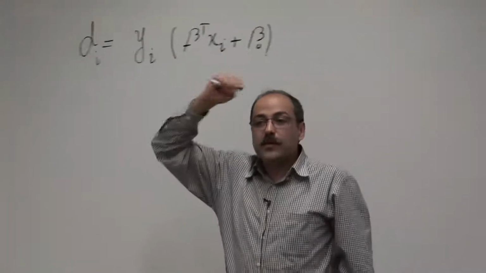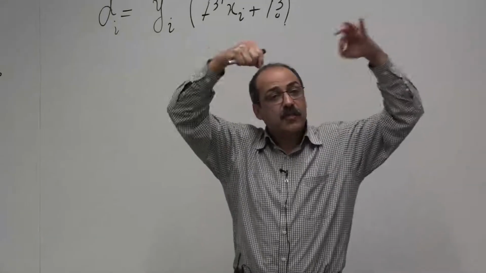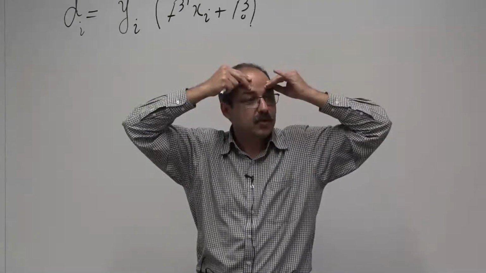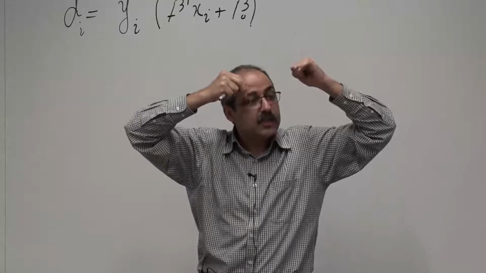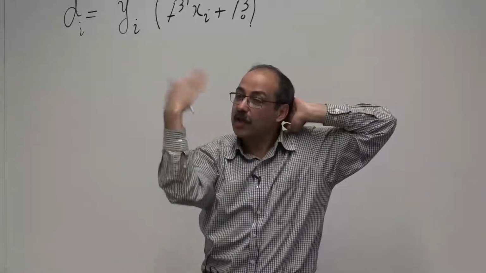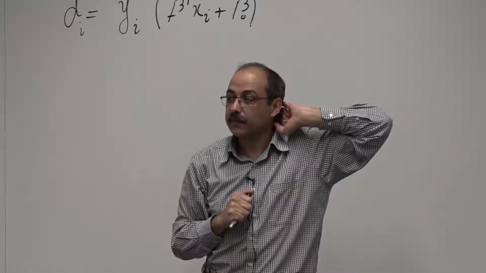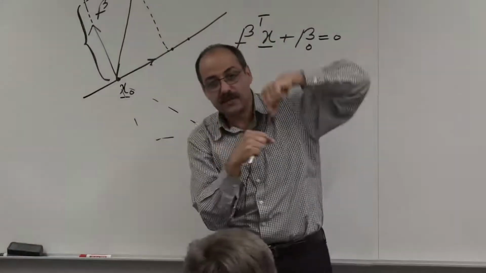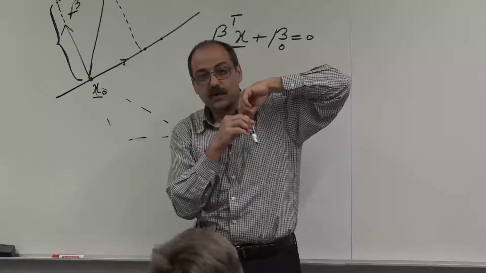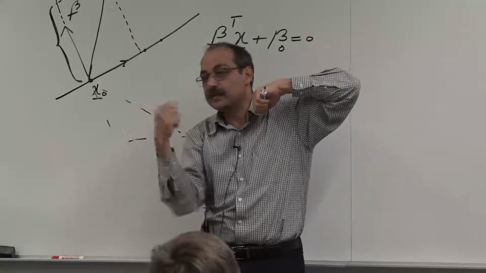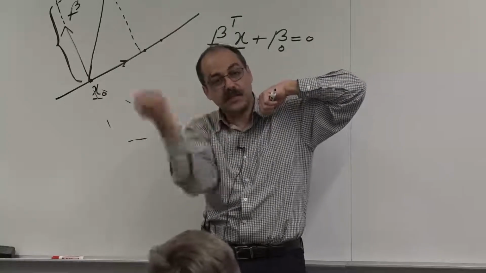Okay, this is the distance of a point to the hyperplane. So remember what our cost function was? The summation of all distances of misclassified points. Points that are misclassified are on the wrong side, right? So the sign needs to be flipped. The positive label is on the negative side, and the negative label is on the positive side.